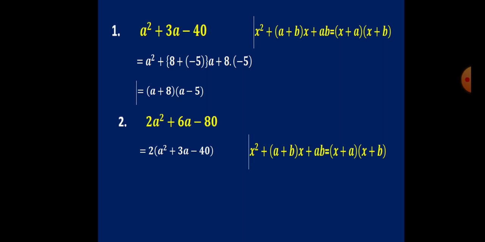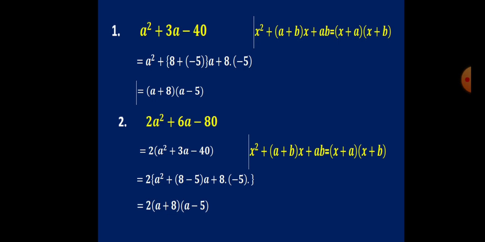You need to make a squared free of coefficients. Free of coefficients means the coefficient must be 1, because in the expression x squared plus (a plus b) times x, the coefficient of x squared is itself 1. So as I have solved it, it is 2 times (a plus 8)(a minus 5). You see, those 2 problems are similar. The reason I have introduced those 2 is the 2a squared.